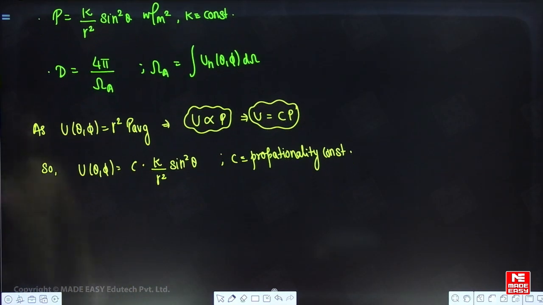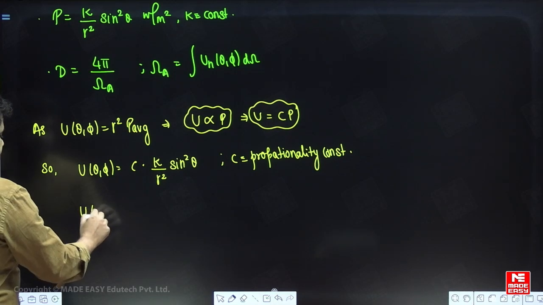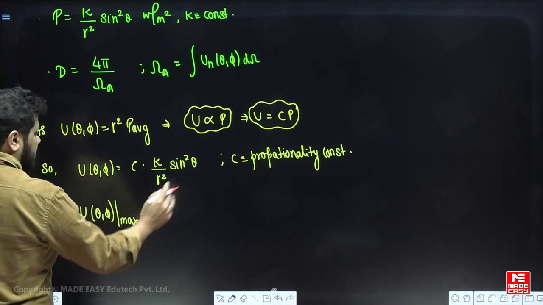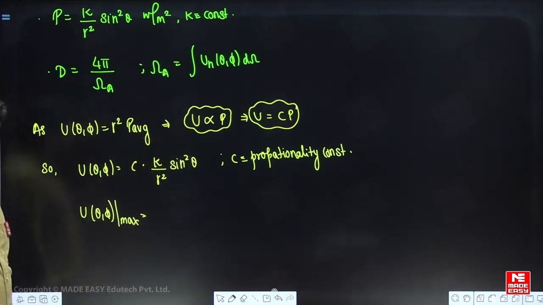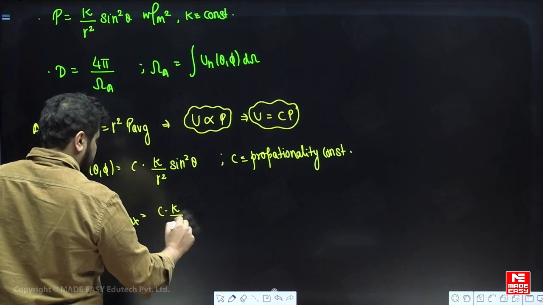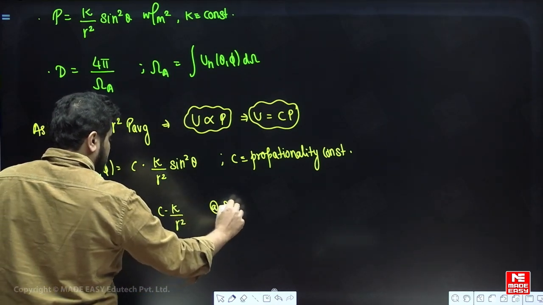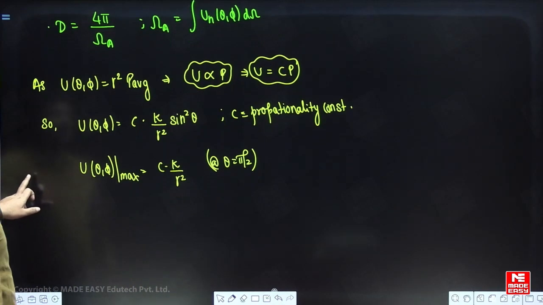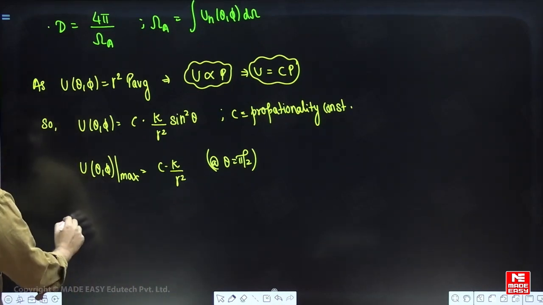Right. Now, what is your U(theta, phi) maximum? What can be the maximum value of this function? The maximum value will occur when sin theta becomes 1 or sin square theta becomes 1. So this will become C times K upon r square at theta equal to pi by 2, because sin pi by 2 is 1, right. So what is the normalized value of the radiation intensity?